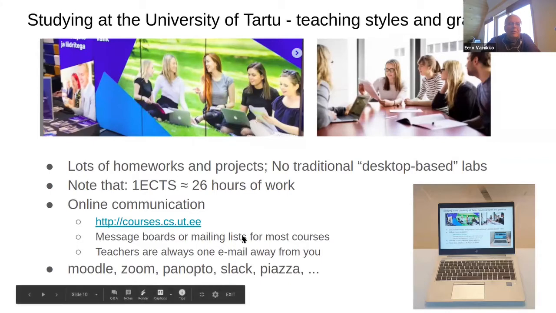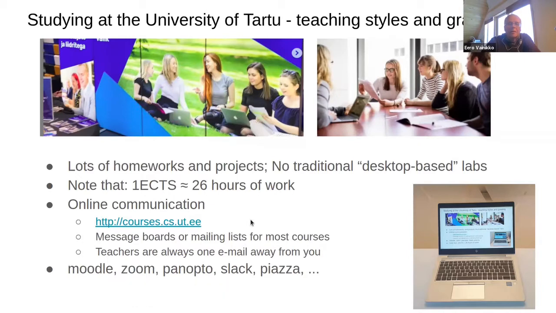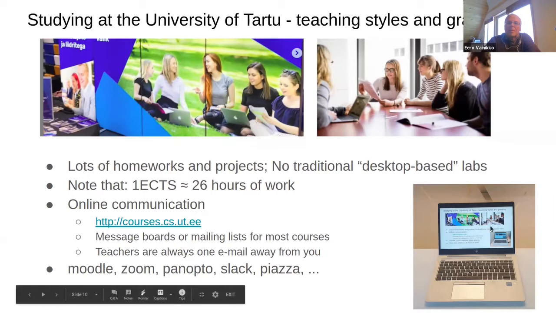But for now, all courses are running in Moodle, Zoom, Panopto. They use Slack and Piazza, for example. All of our students have to use laptops. If you don't have one, you can borrow one from our institute.